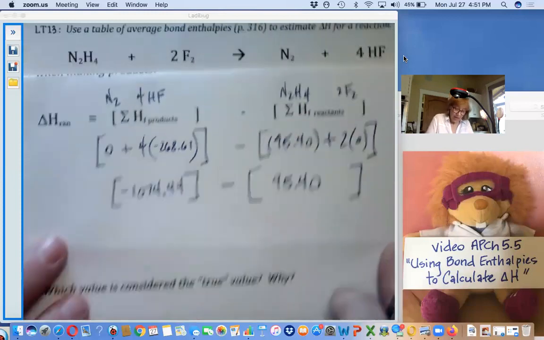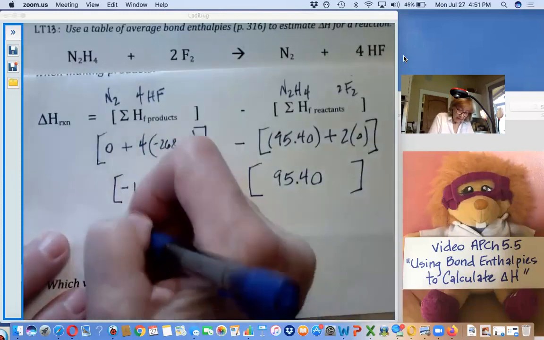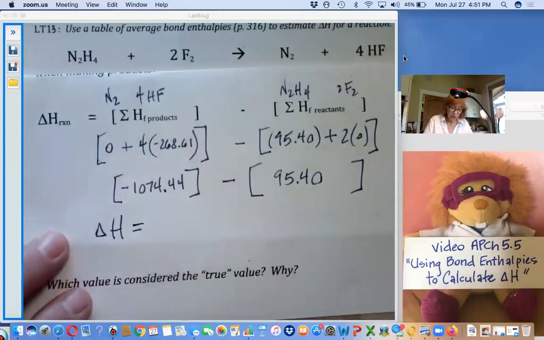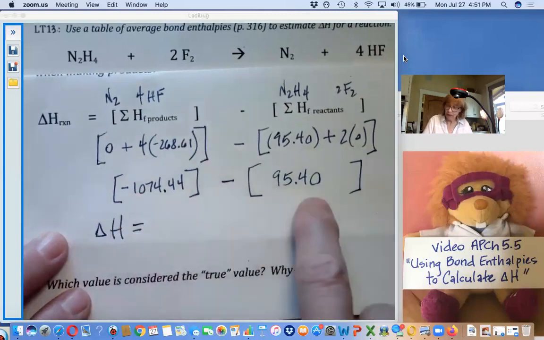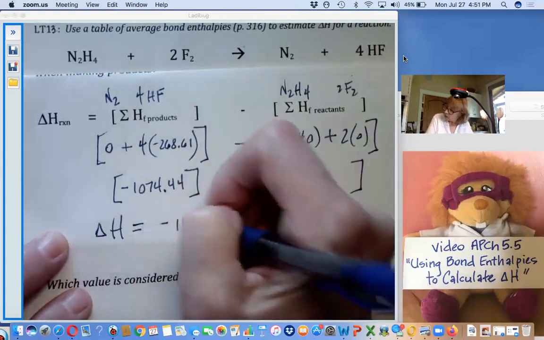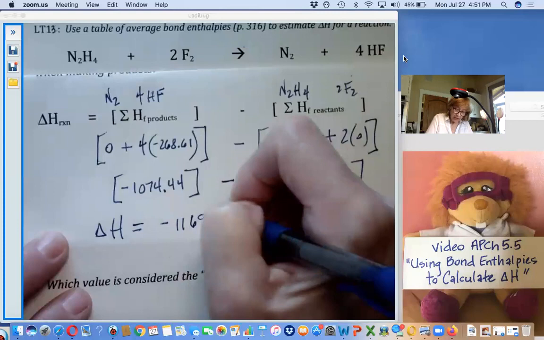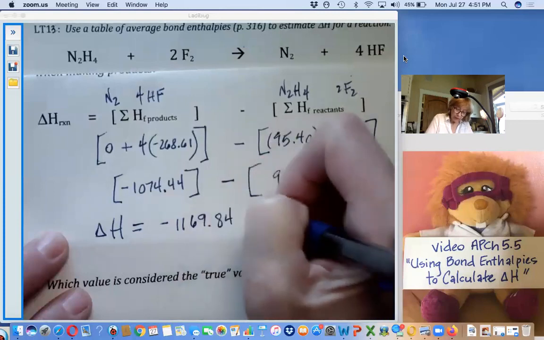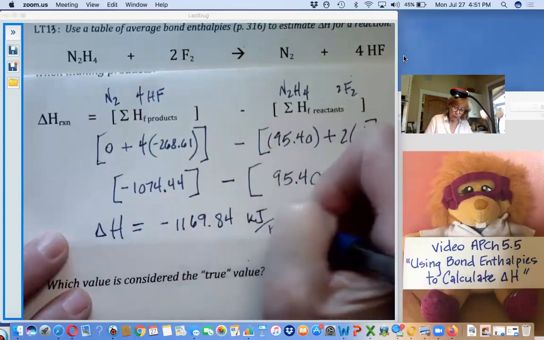95.40, and that gives us a delta H, negative 1074.44 minus 95.40. That gives us negative 1169.84 kilojoules per mole. Now let's compare.